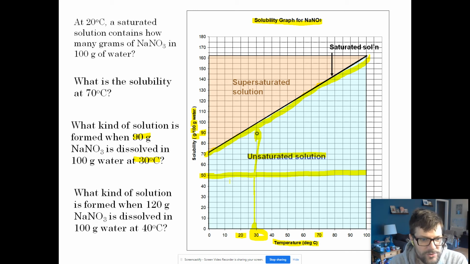What kind of solution is formed when 120 grams is dissolved at 40 degrees? So here's your 120 grams and 40 degrees. Lost my pointer. There it is. And that is above the line in the supersaturated area. So just by looking at the graph, we can see a lot of different things about how much dissolves under different conditions.